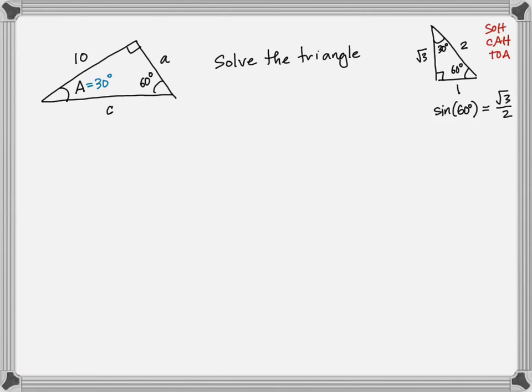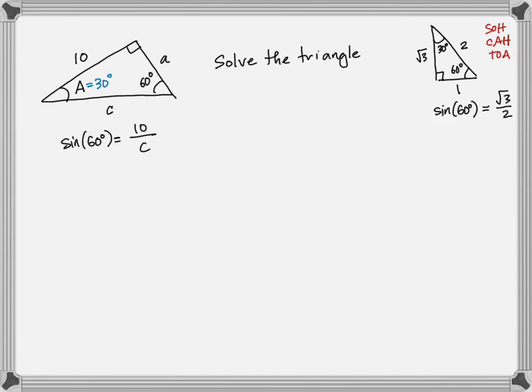Now over in my triangle that they gave me, if I do the same kind of thing, sine of 60 is opposite over hypotenuse. Sine of 60 is opposite, which is 10, over hypotenuse, which is C. But the sine of 60 has to be the same number in every triangle on the planet.